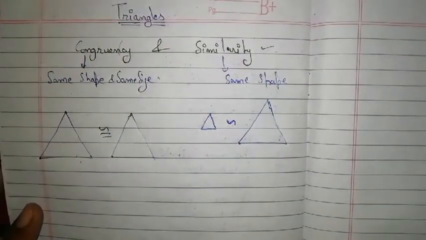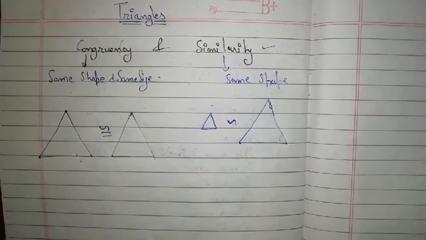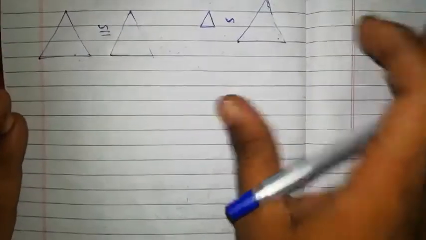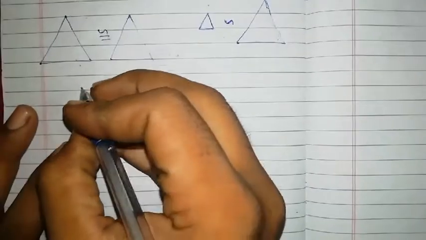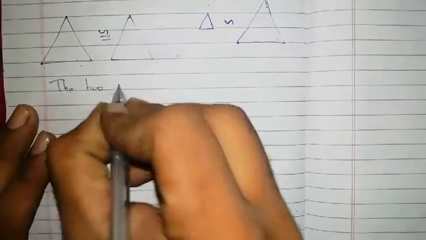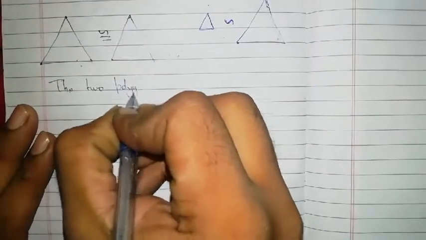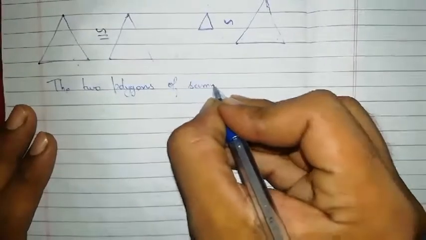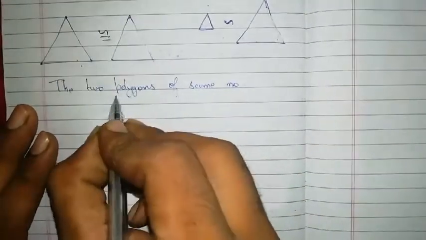So one question comes to mind: whether only triangles are similar to each other or not. So no, we can use a definition that two polygons of the same number of sides are similar. Now look, this is a polygon.